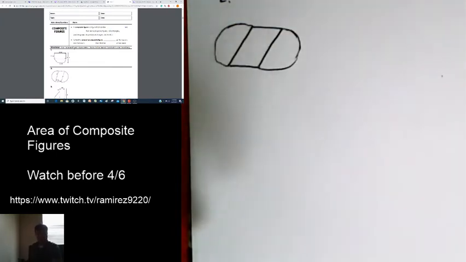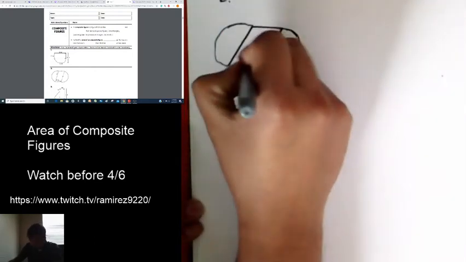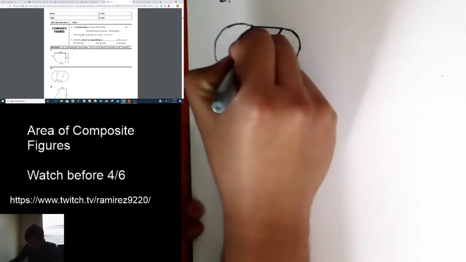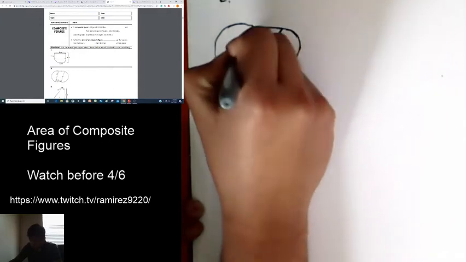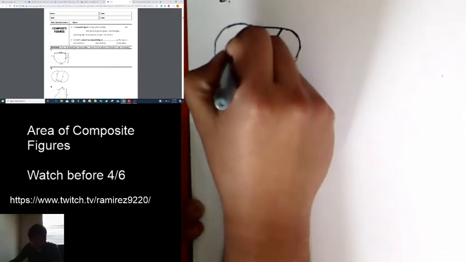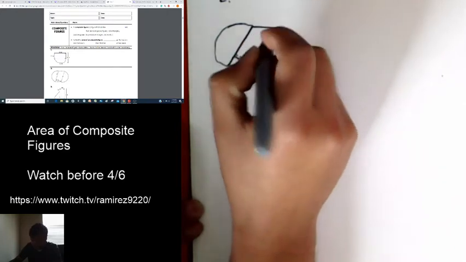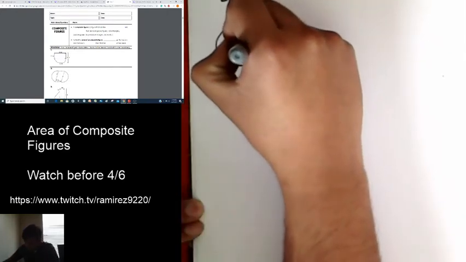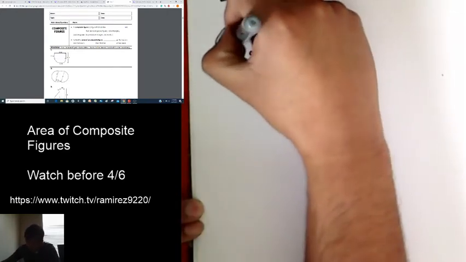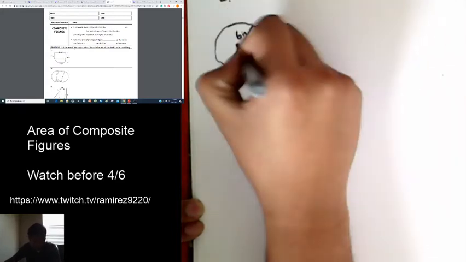Okay, something like that. They make a nice 90-degree angle there, telling you that this is 5. They tell us that the radius is 6 inches.